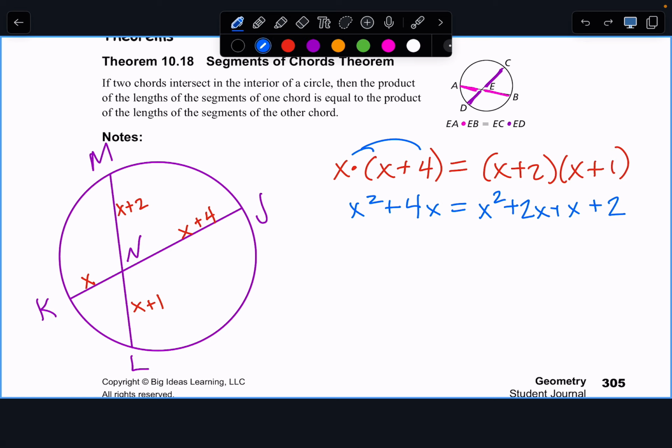When we have a quadratic, it's probably a good idea to check. What happens to my x squareds? They cancel each other out. So I get 4x equals 3x plus 2. x equals 2. Well, that wasn't so bad.